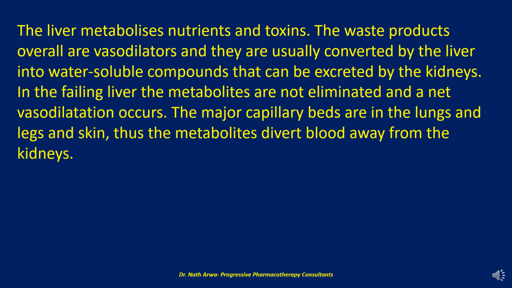The waste products overall are vasodilators, and they are usually converted by the liver into water-soluble compounds that can be excreted by the kidneys. In the failing liver, the metabolites are not eliminated and a net vasodilatation occurs. The major capillary beds are in the lungs and legs and skin. Thus the metabolites divert blood away from the kidneys.